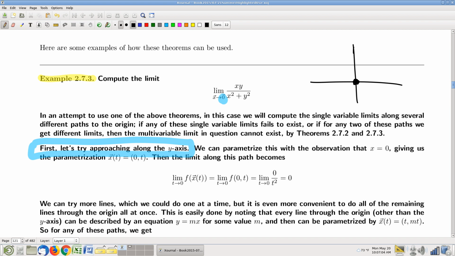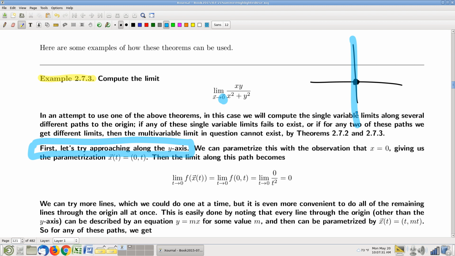I need to figure out how to parameterize that line in such a way that the origin is t equals 0, and then we'll take a limit as t approaches 0.